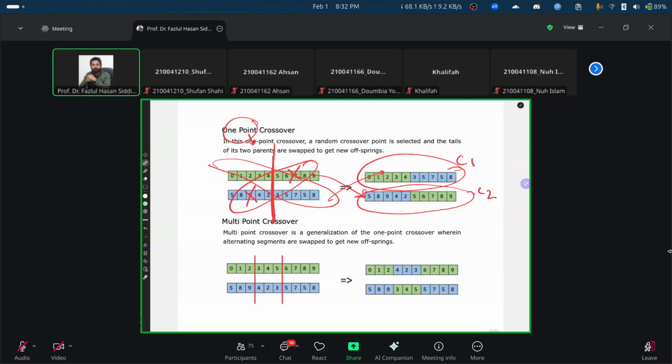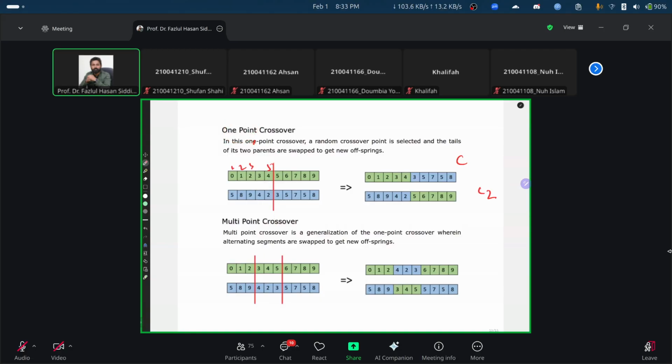This is called one point crossover. There will be only one crossover point; both genetic arrays are divided into two parts based on the same point. Here the point is 1, 2, 3, 4, 5: in the fifth position we create a vertical line, and that is the crossover point. This is called the one point crossover.